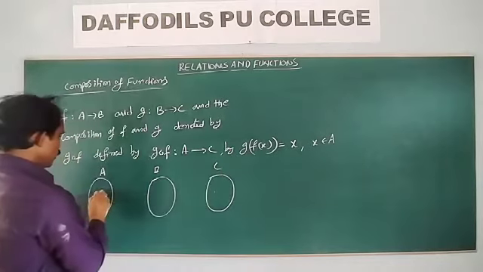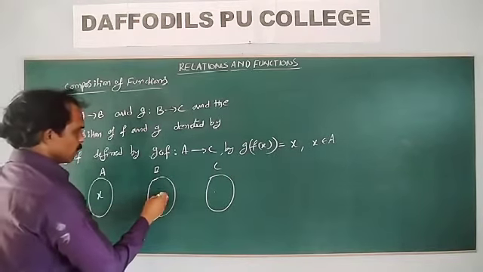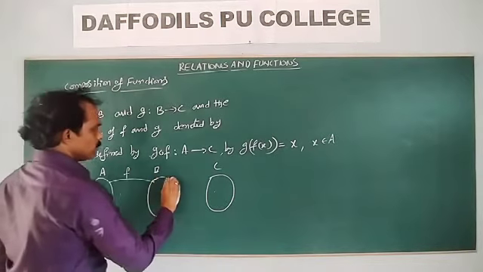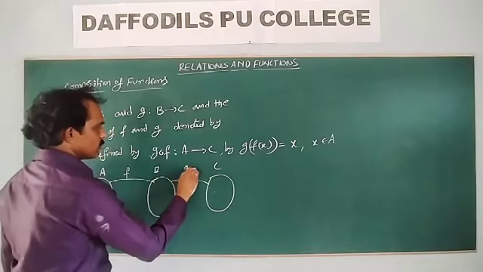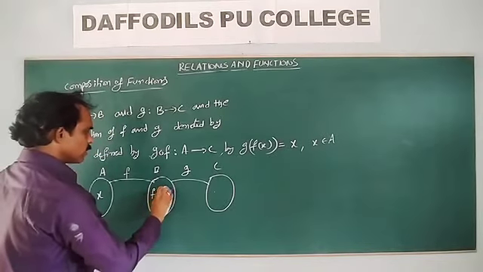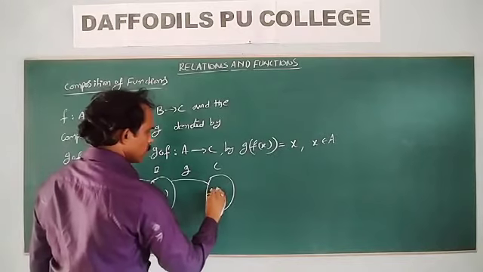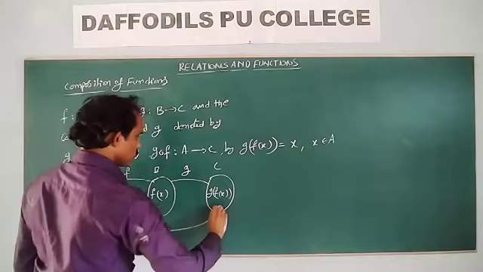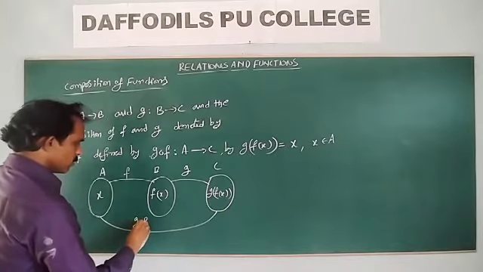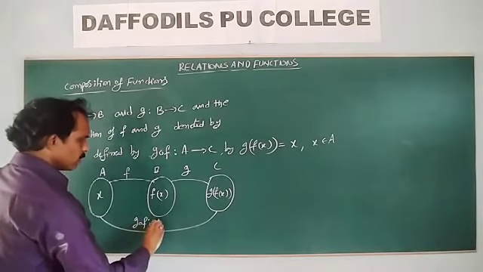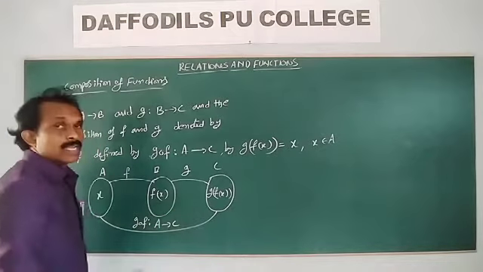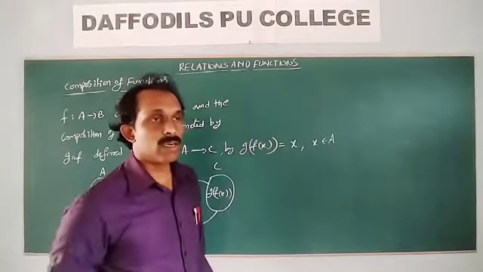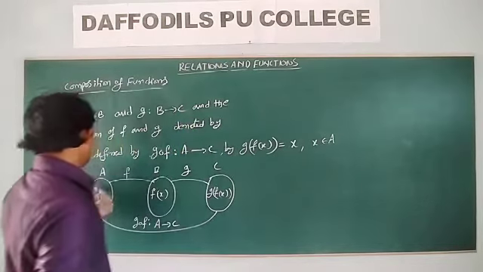See, this is x, and under function f we get f of x, and under function g we get g of f of x. So this is equal to g circle f maps A to C. So this is the composition function.